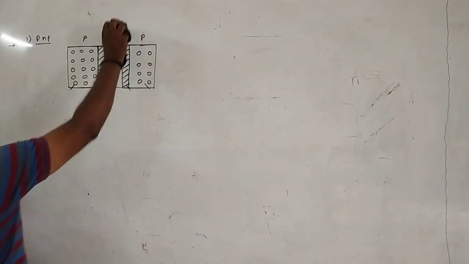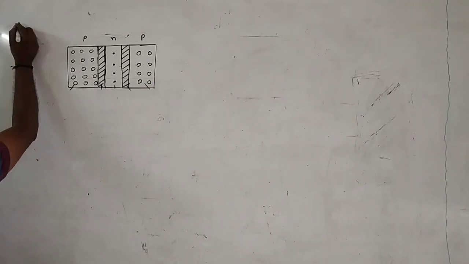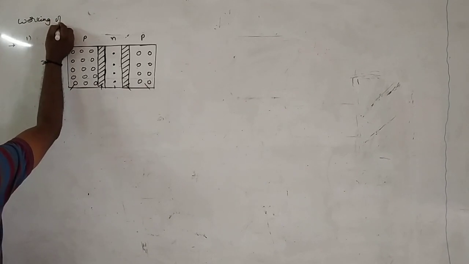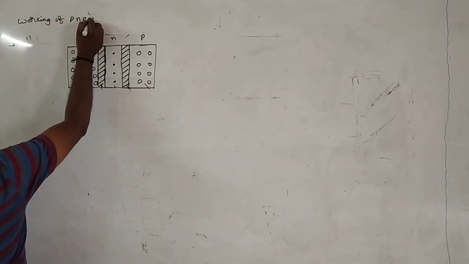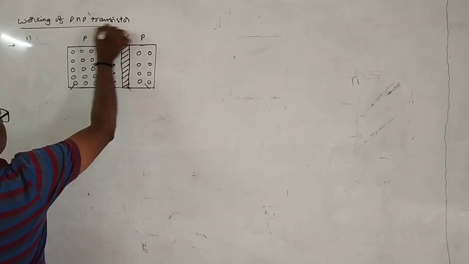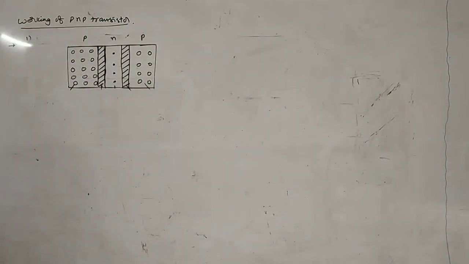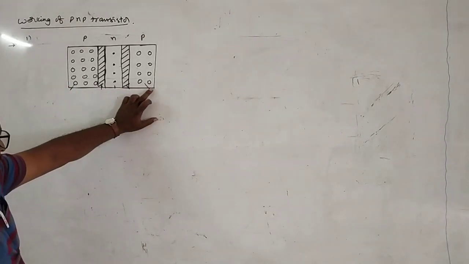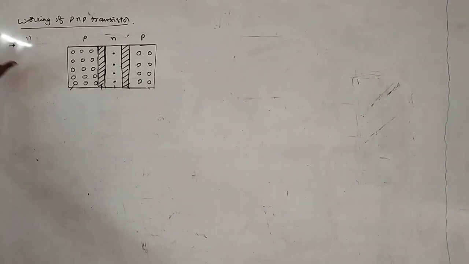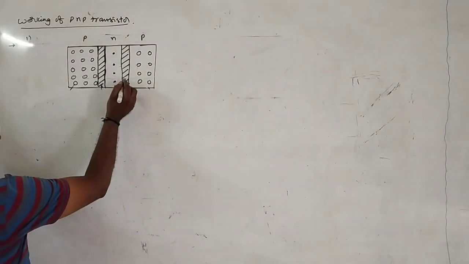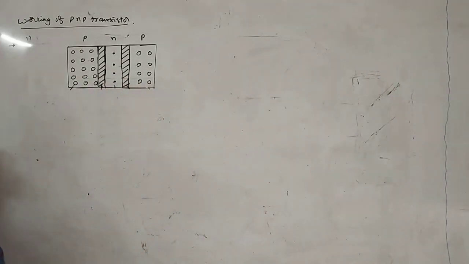Let this be the PNP transistor. Working of the PNP transistor. In any circuit diagram where the transistor is used, the emitter diode must be connected in forward bias and the collector diode in reverse bias.